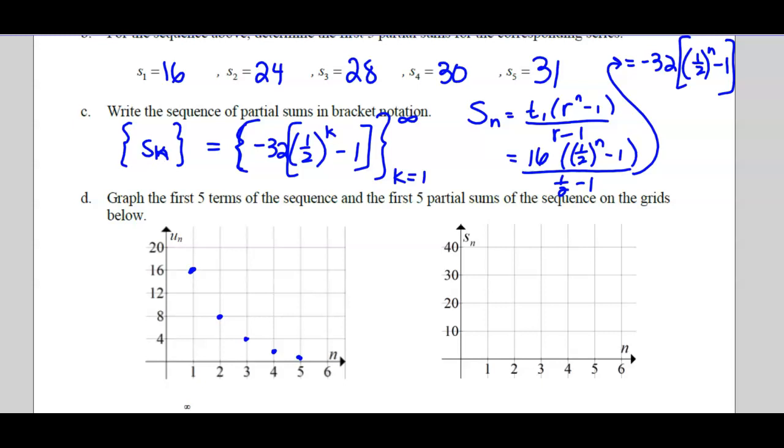Okay, so because the common ratio is 1/2, remember it's a decreasing exponential function.